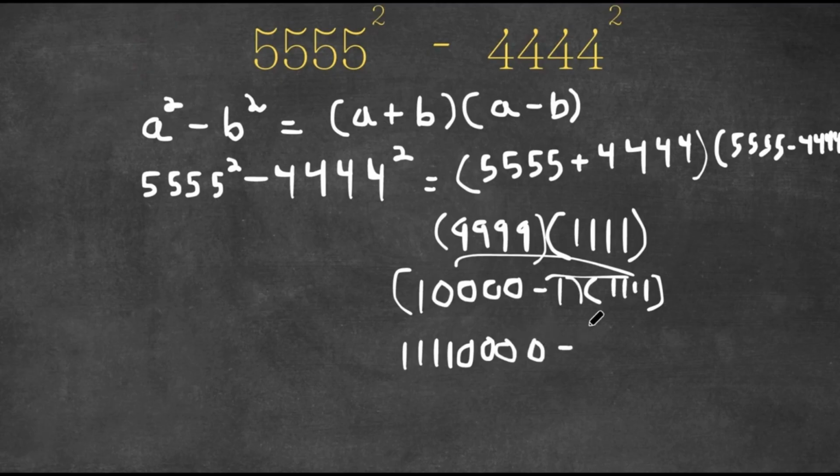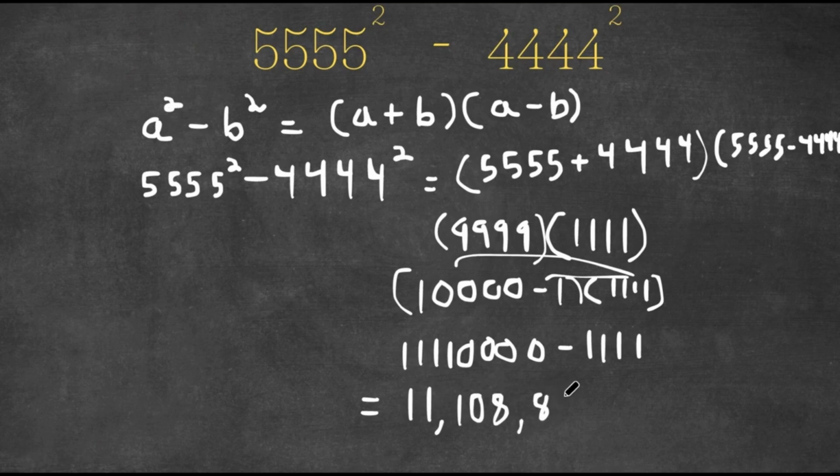Minus 1,111 times 1 is just 1,111. So now we have this problem, a huge number minus 1,111, and we could simply do this on paper. We're not going to waste your time by doing that. The answer to this is simply 11,108,889. So this is our answer.